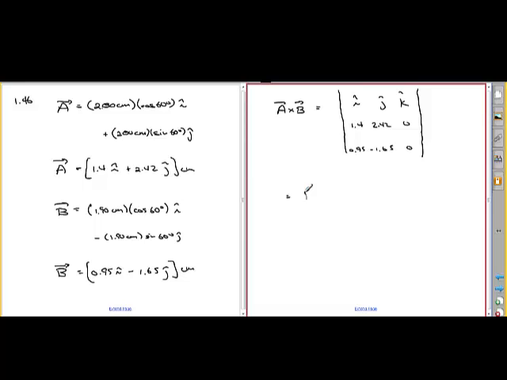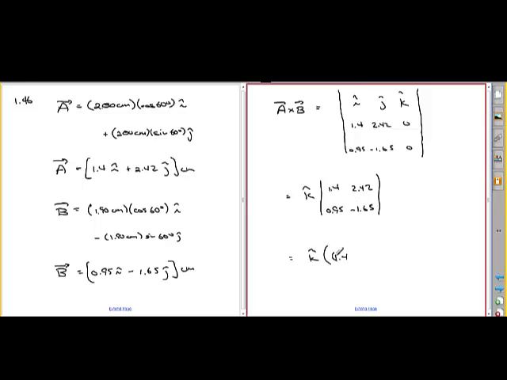So the result is going to be the unit vector k times the 2 by 2 subdeterminant. The way we do that calculation is you take this times that minus that times that.